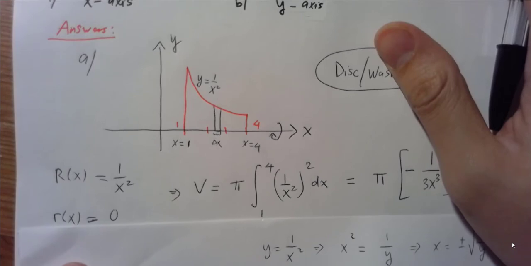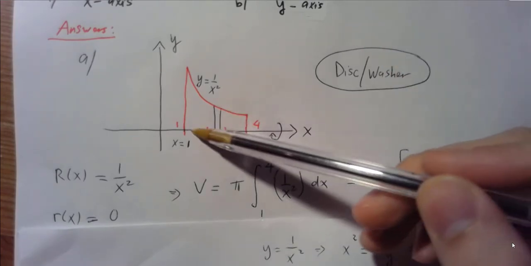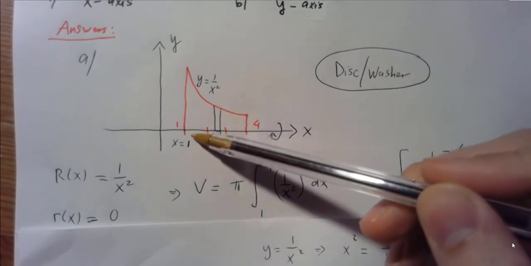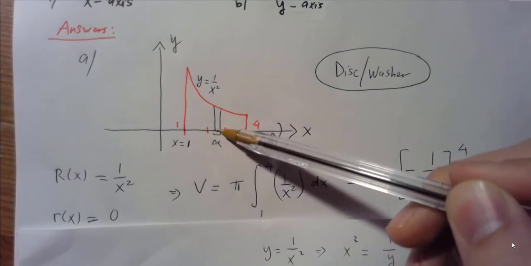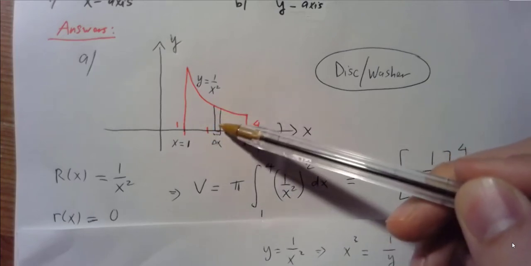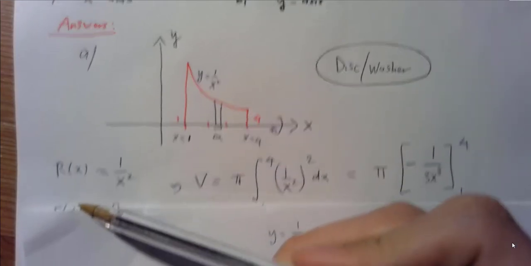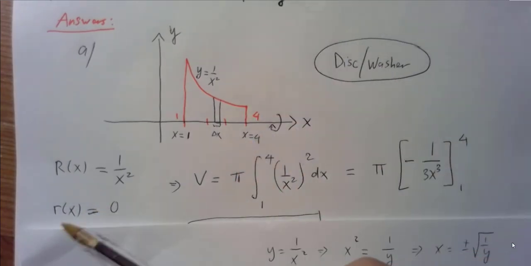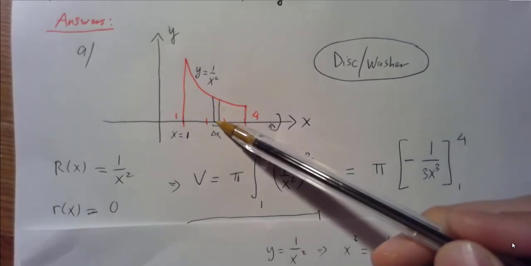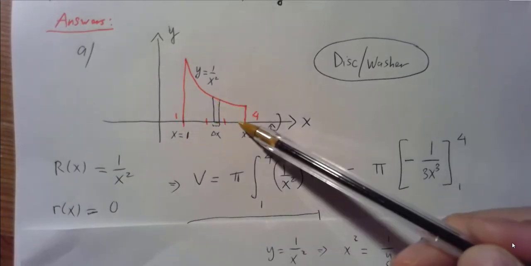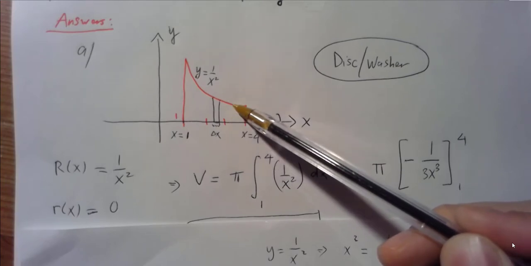I know that we don't have any hole. The axis of revolution is the x-axis. Between this one and the solid, there's no hole. So the inner radius, the small r of x, is 0. The outer radius is the distance from the axis of revolution, which is the x-axis, and the outside of the curve.